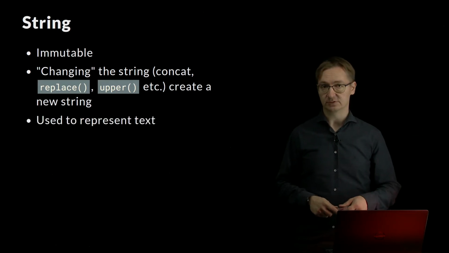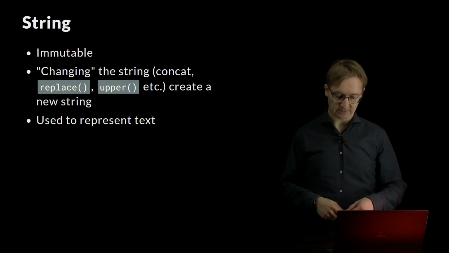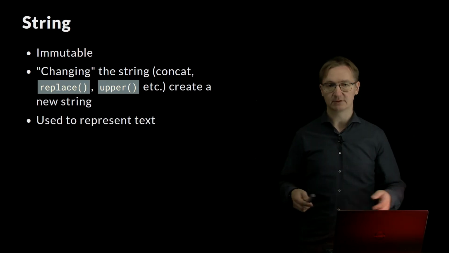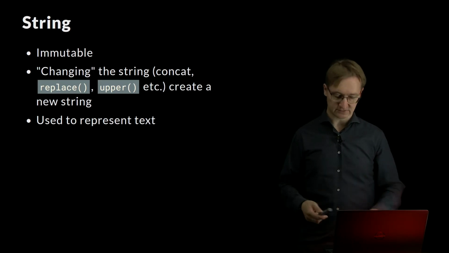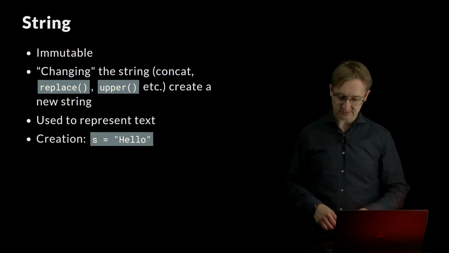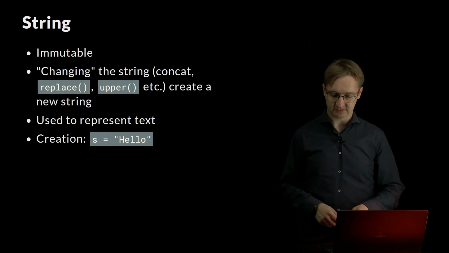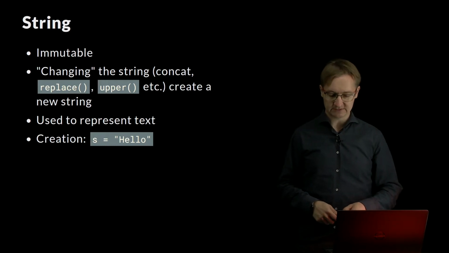String is used to represent text. So for example, if you want to get a name or contents of a file or whatever, then we use string. And how to create a string? We assign hello into a variable s. So we use quotation marks.